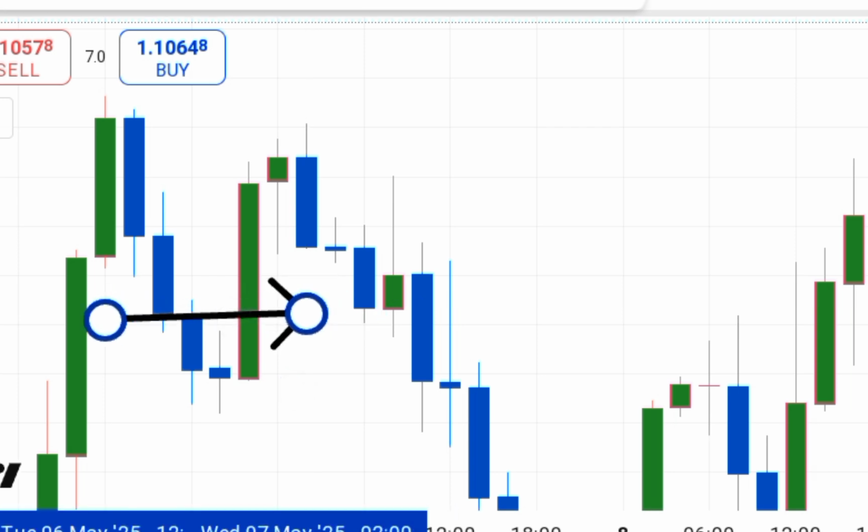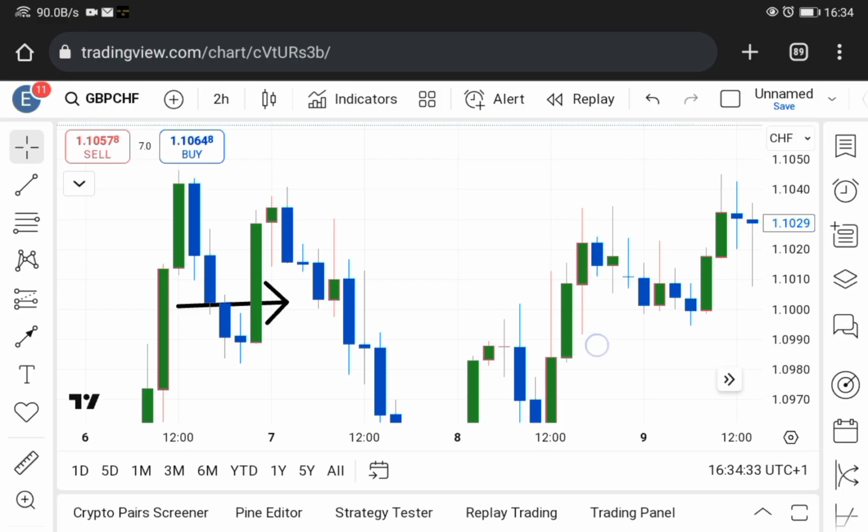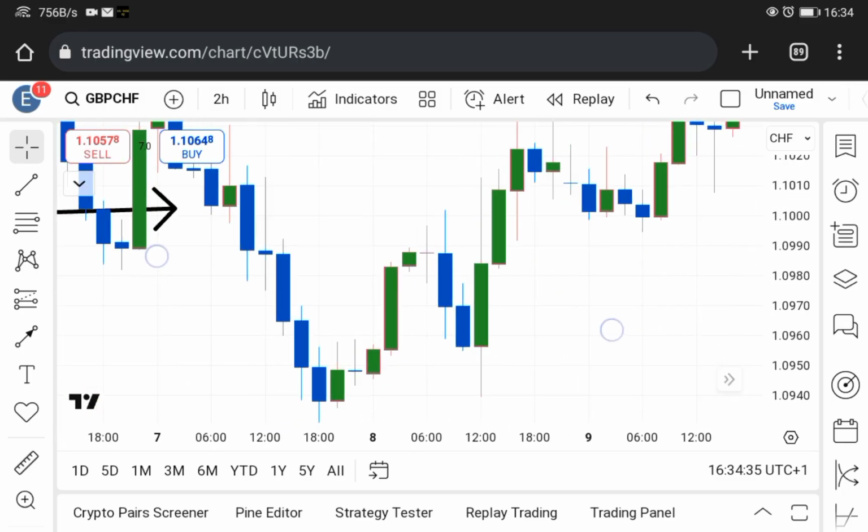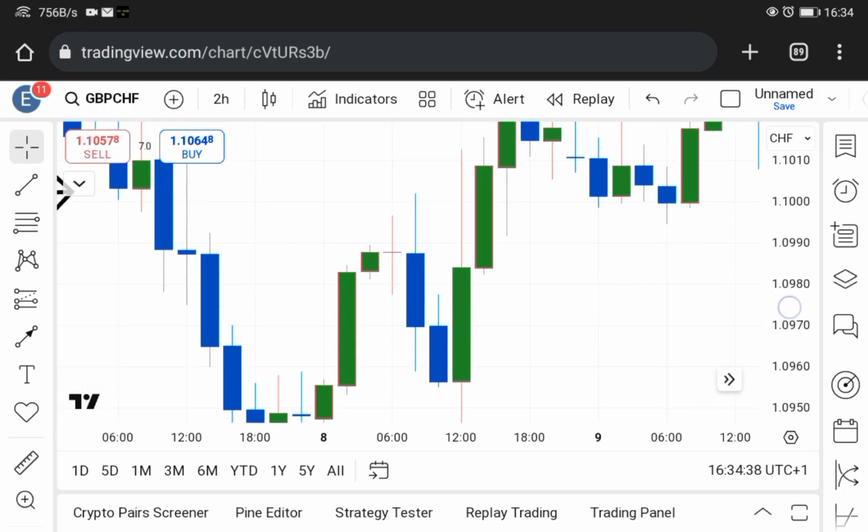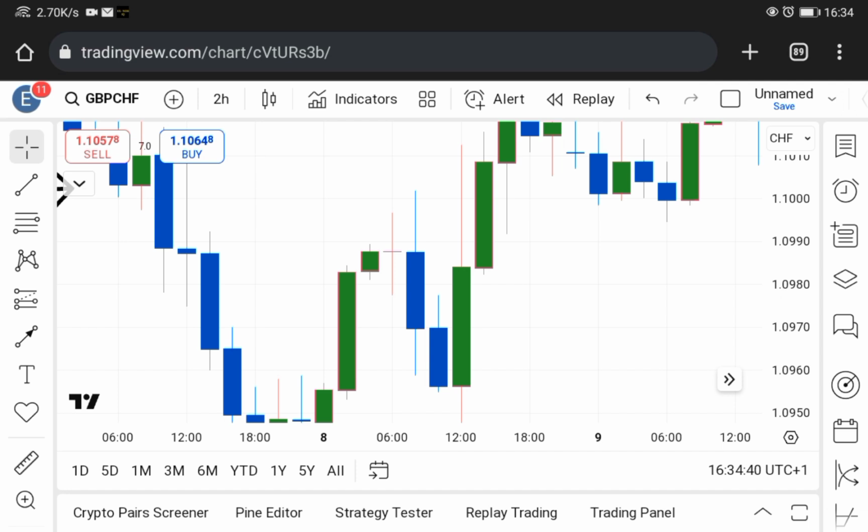But this very point was a bad trade. But as far as your RR is able to give you 1:15 or 1:20 or 1:10, one loss will never stop your growth.